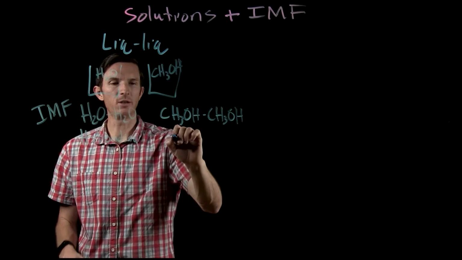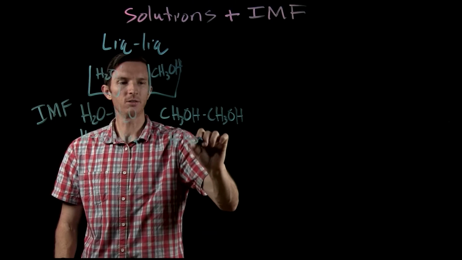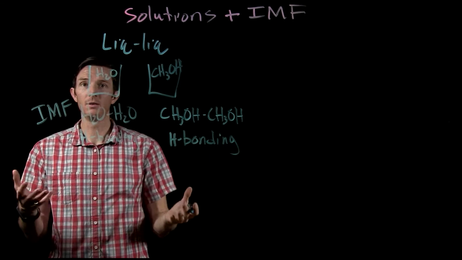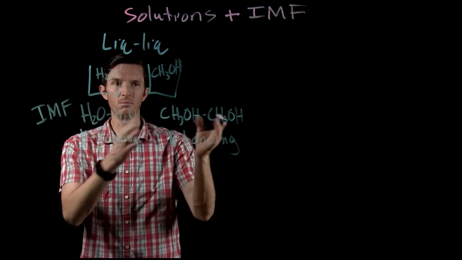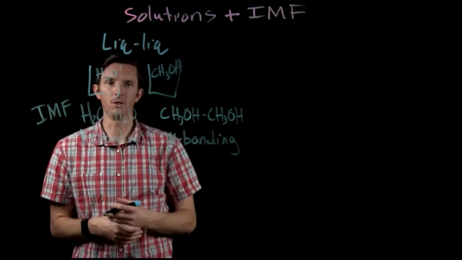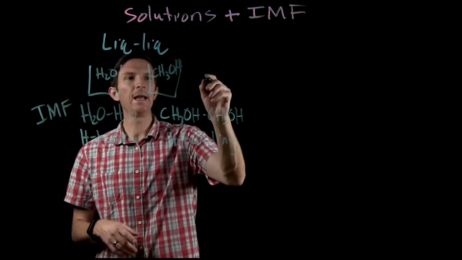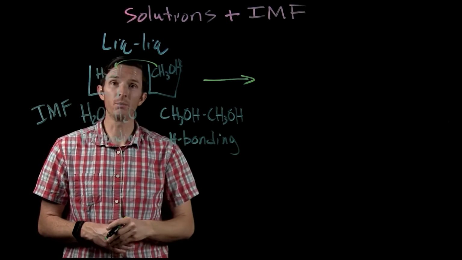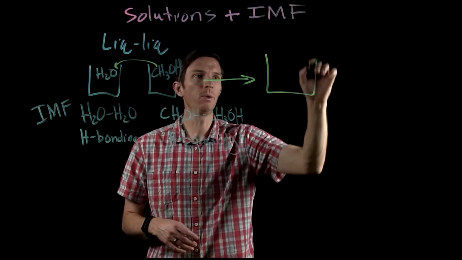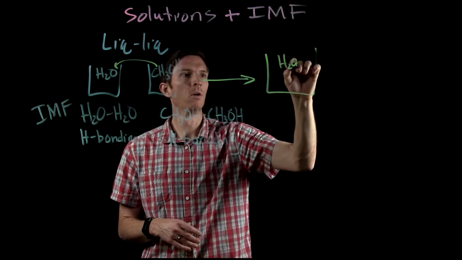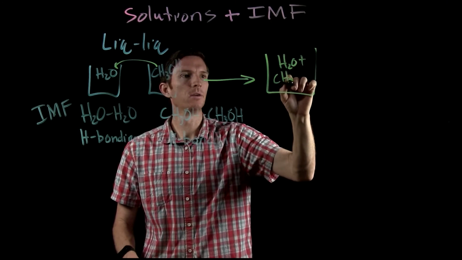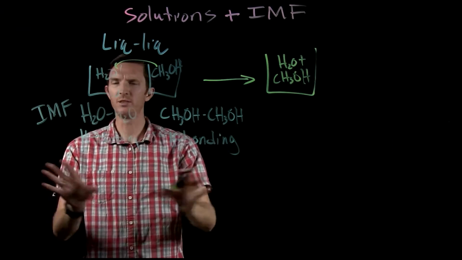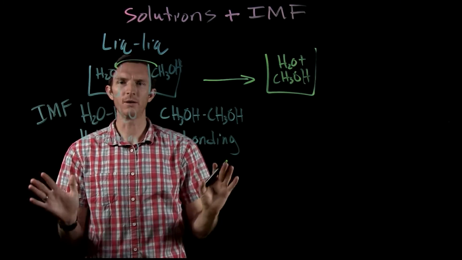Again, it has this oxygen bonded to a hydrogen, so this also has the ability to have hydrogen bonding when it undergoes attractions between one methanol molecule and another methanol molecule. Well, then let's say we pour methanol into the water beaker. So now in our beaker we have water and methanol, and we want to look at what's different between these two scenarios.